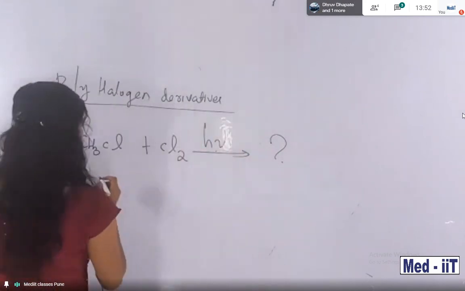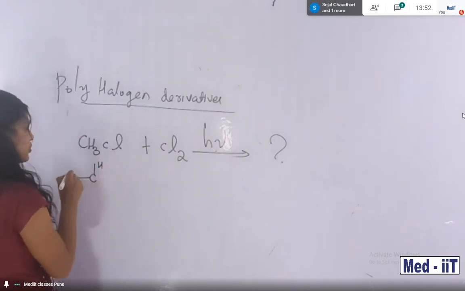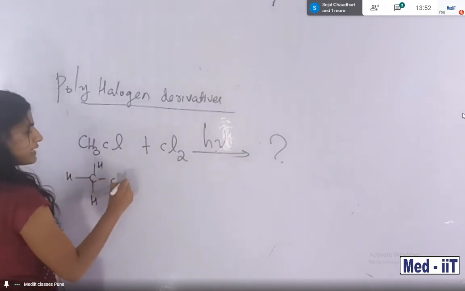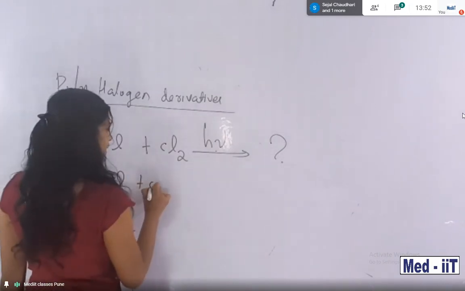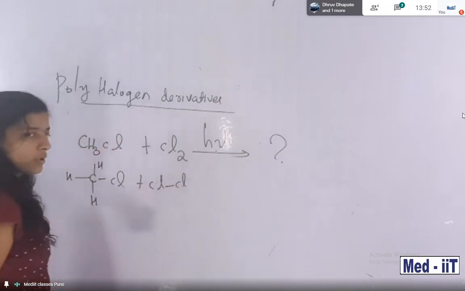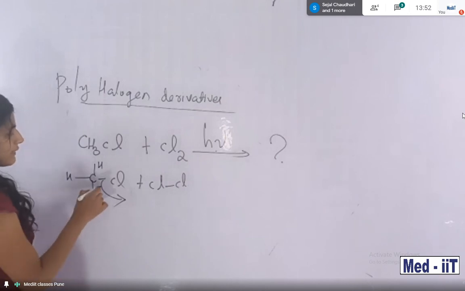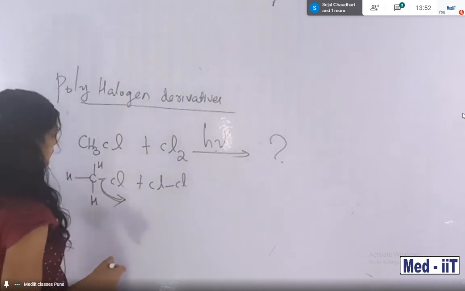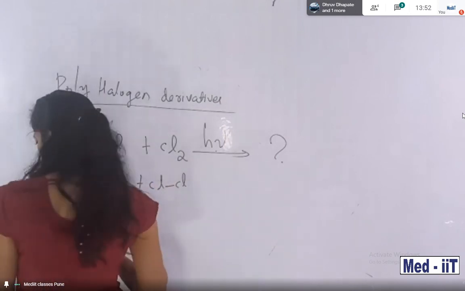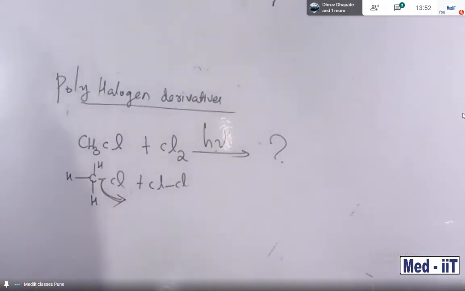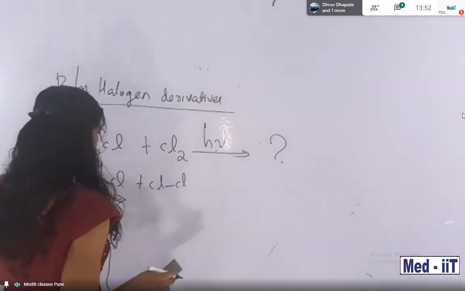CH2Cl2. Right. Why? 1, 2, 3 Cl. Then it reacts with 2 chlorine, and then chlorine is removed from here.